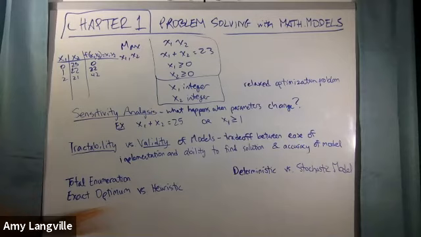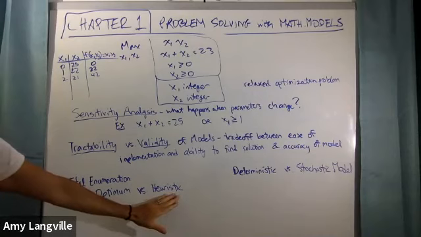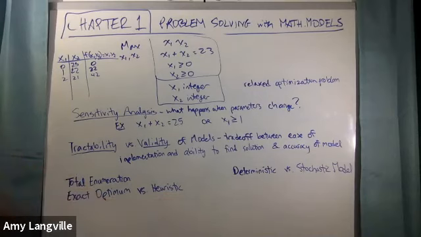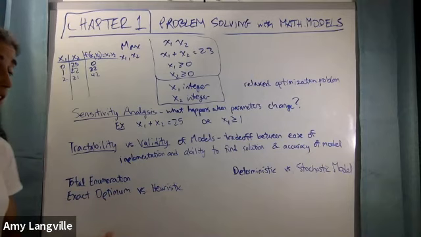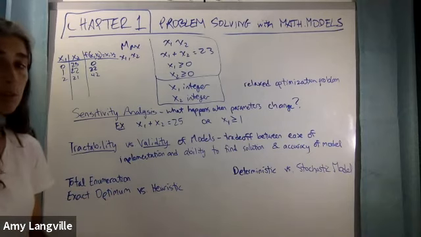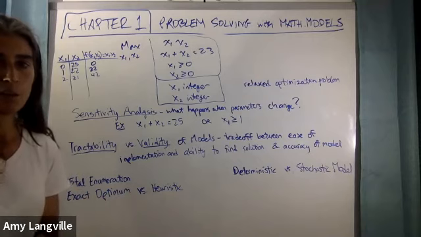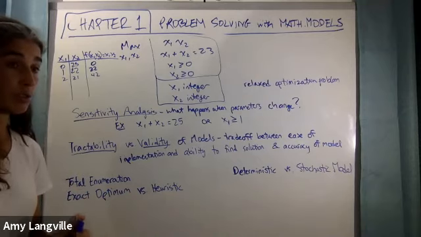Okay, next pair of terms is exact versus heuristic. A heuristic is going to give you an approximate solution. Sometimes you know you can't get an exact answer, it's just too expensive, and you can't prove that it's exact. All you can prove is that you've created a heuristic algorithm that will do the best it can and come up with an approximate solution, a very good solution.